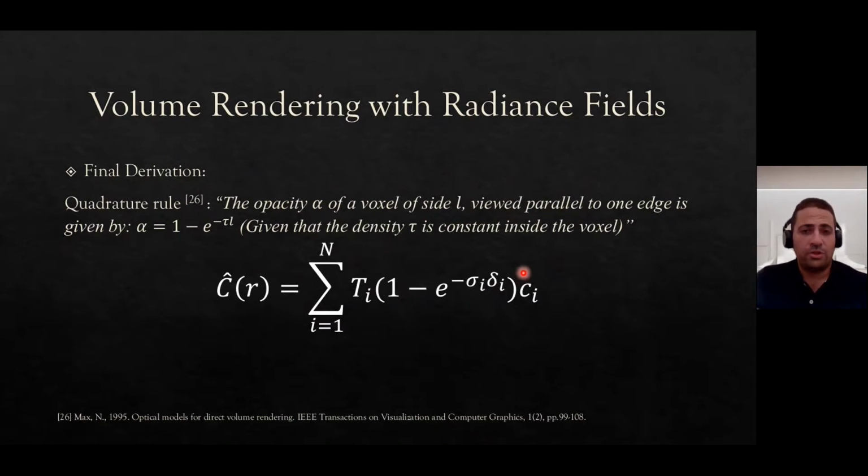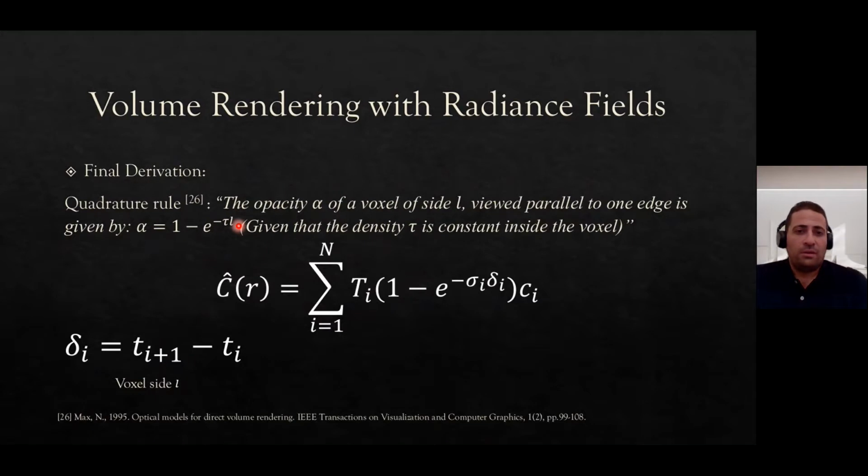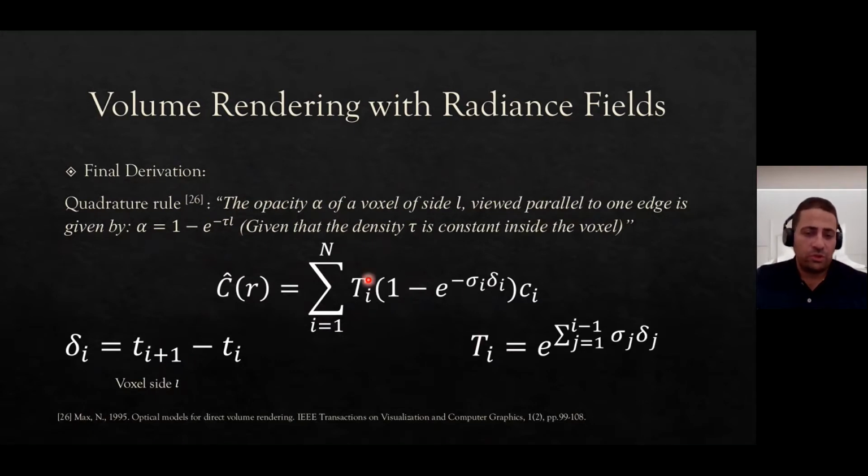Just to explain these new terms, delta is t of i plus 1 minus t of i, which is basically the voxel side. This is the distance between one sample point and another sample point, which represents the side of the voxel, mentioned here as L in the other paper. And T of i, capital T, is the function we already looked at before.